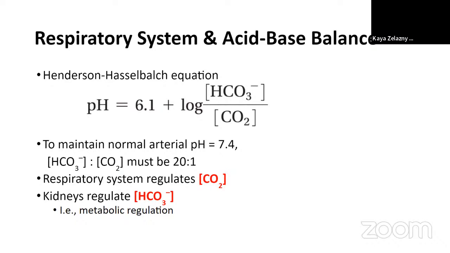And the kidneys are largely going to be regulating bicarbonate ions. Bicarbonate ions get reabsorbed in the nephron in large part. Your nephrons can also create new bicarbonate ions, so they can synthesize bicarbonate. When we get to the kidneys regulating our bicarbonate ions, we're going to call that metabolic regulation.